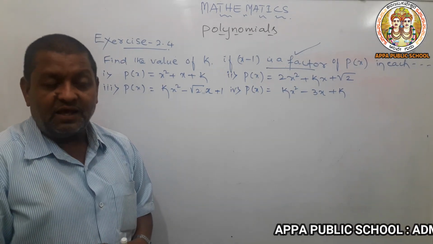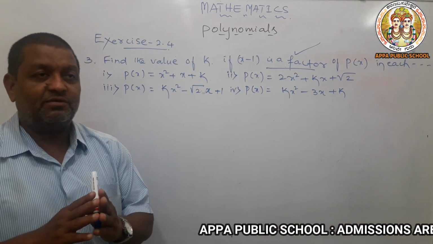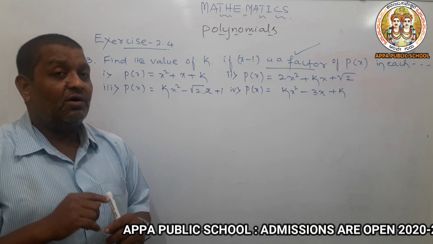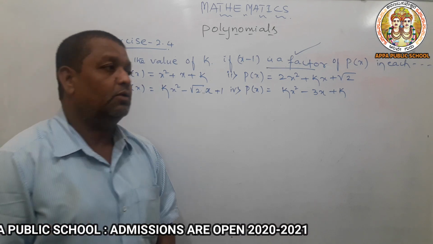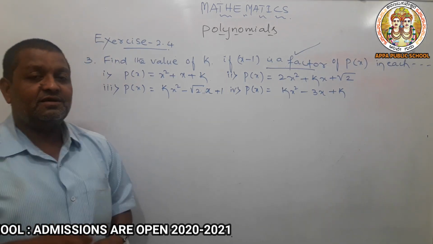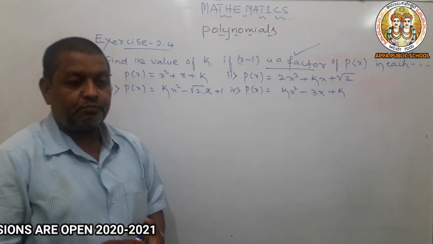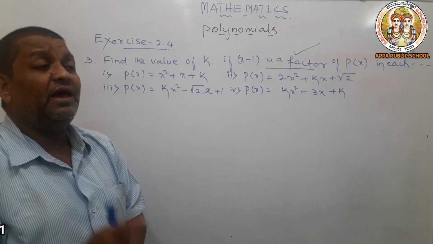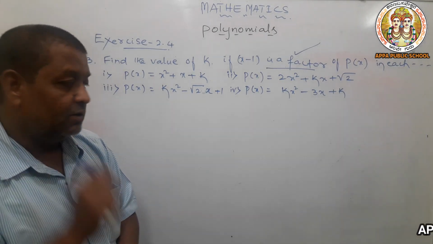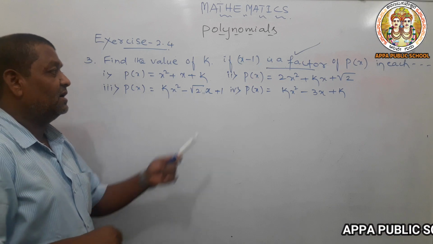If x minus a is a factor, then P of a must be equal to 0. That is the second condition of the factor theorem. If x minus a is already a factor, then P of a must be 0. You have to use that second concept.